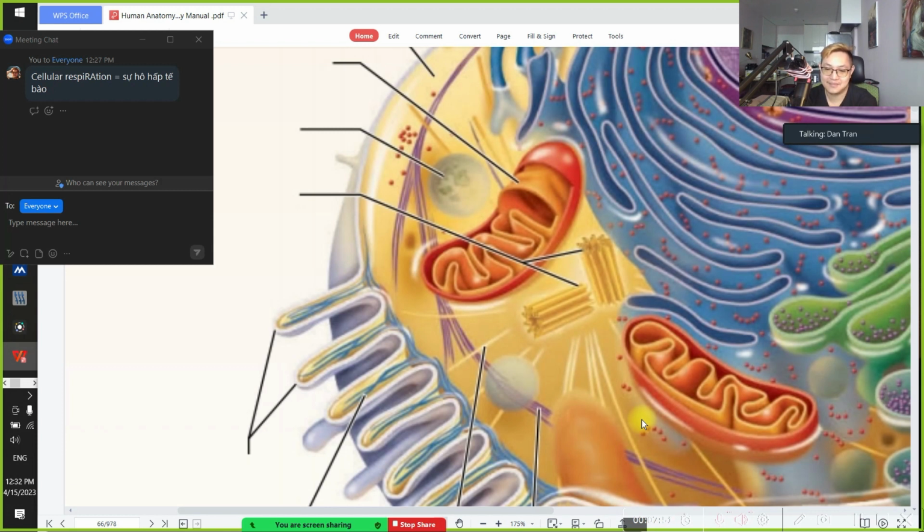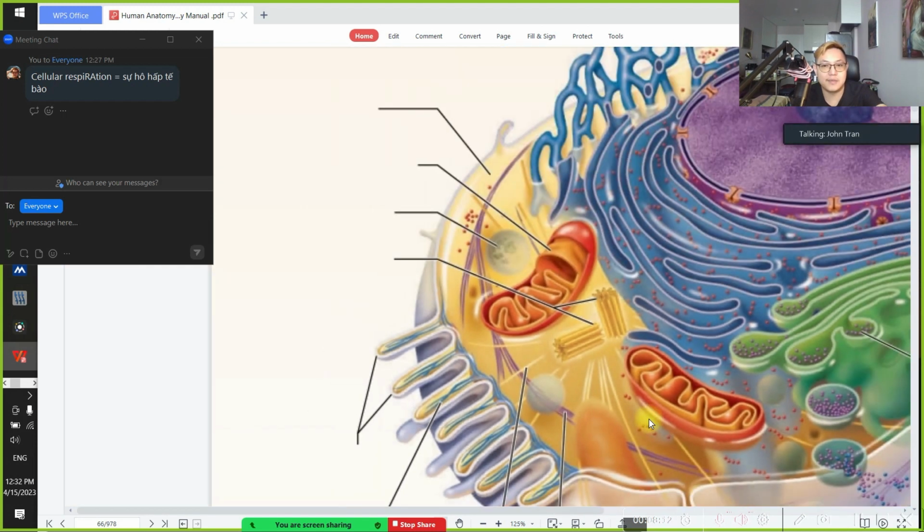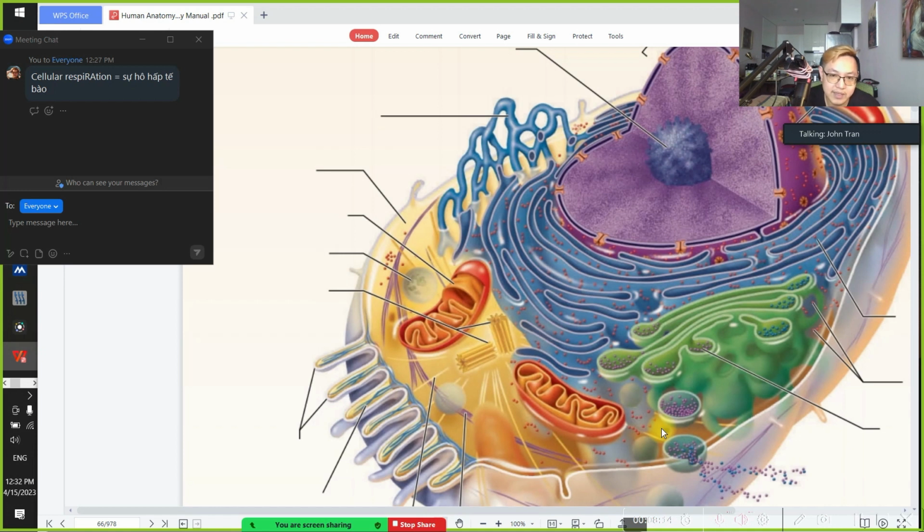I don't remember. It's made out of actin. It's part of microvilli though. Một phần của microvilli. Anyway, it helps transport things inside the cell. Nó giúp vận chuyển mọi thứ trong tế bào nữa.